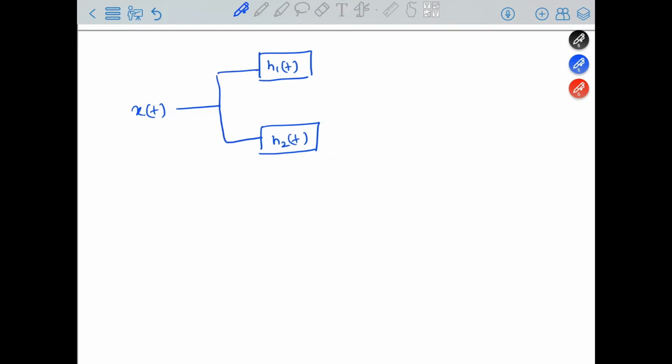Suppose there are two systems represented with h1(t) and h2(t), and the input to both systems is x(t). The output of the first system will be y1(t) and the output of the second system will be y2(t), and then we add these two to get our output y(t).